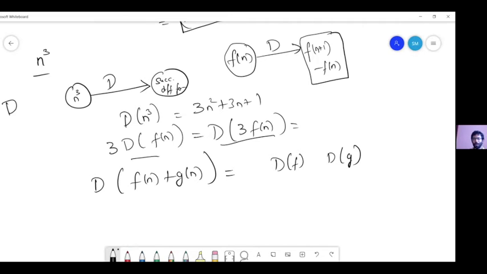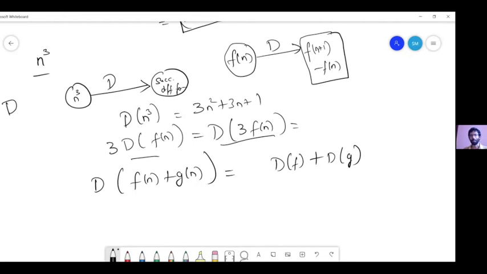Whatever we've observed, we are just trying to express it so that you will see how a good notation helps. Can we give a relation connecting all these three? Sure, this is d of f plus d of g. Excellent.